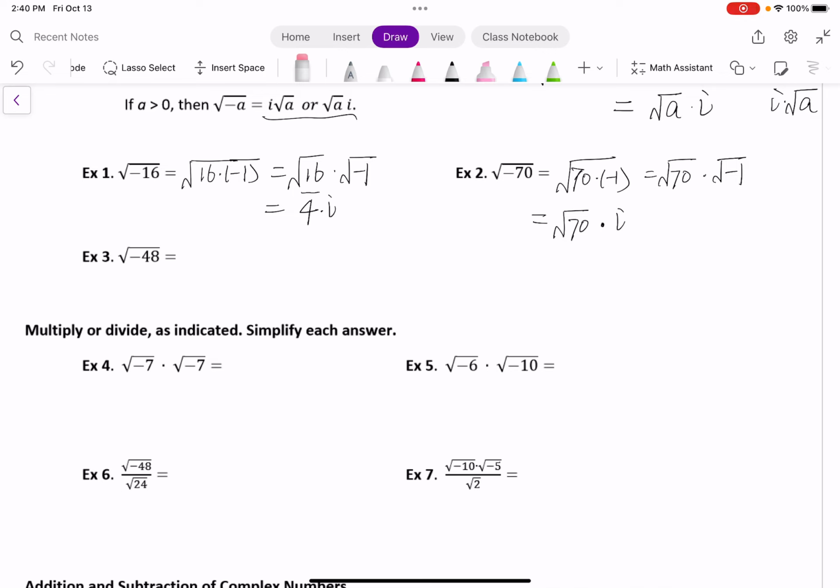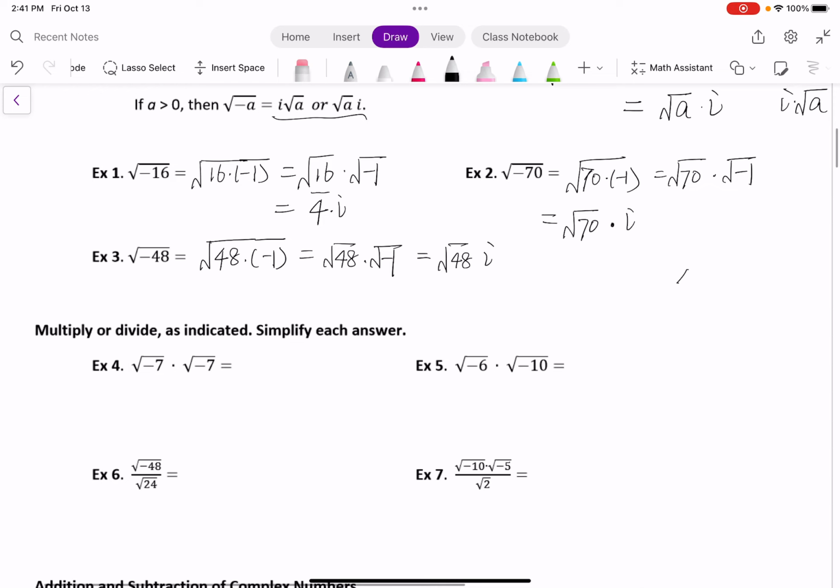How about the next example, the square root of -48. We can separate the real number part, 48, and the i part. We have the square root of 48 times the square root of -1, and this is i. Then we have the square root of 48 times i.